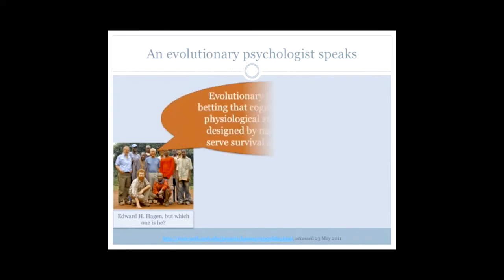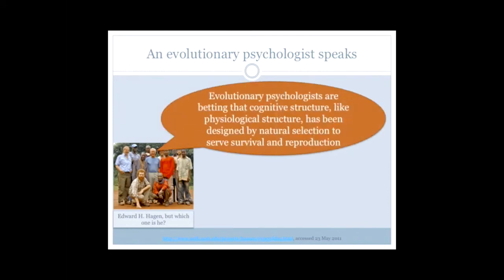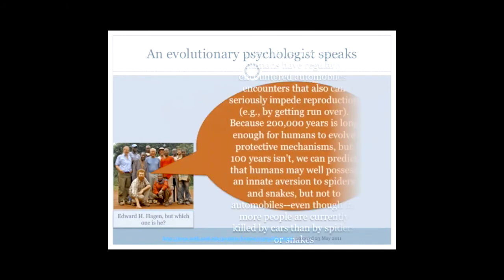Evolutionary psychologists are betting that cognitive structure, like physiological structure, has been designed by natural selection to serve survival and reproduction. Humans have regularly encountered automobiles, encounters that also can seriously impede reproduction, e.g. by getting run over.